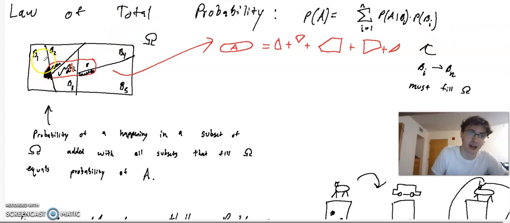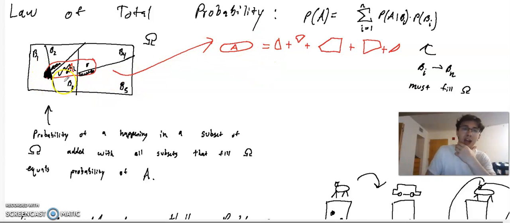That is added from B sub 1 all the way to B sub n, so in this case 1 through 5. So we're just looking at the probability of A given B sub i happens, and then we multiply it by the probability that B sub i actually happens in the first place.